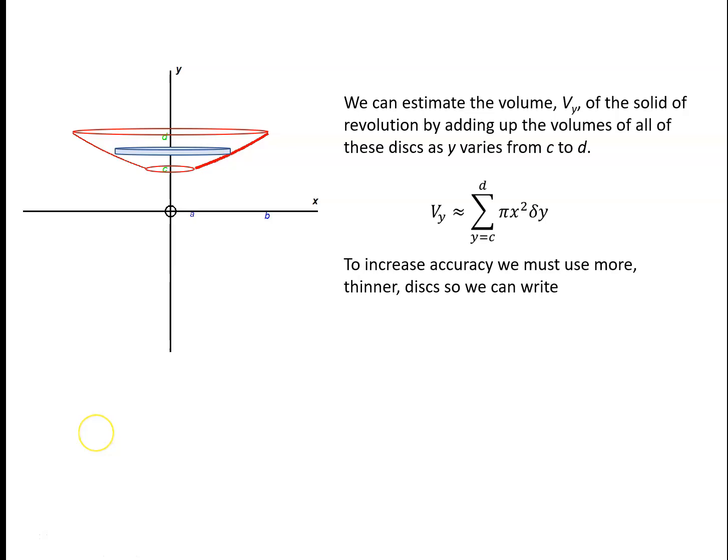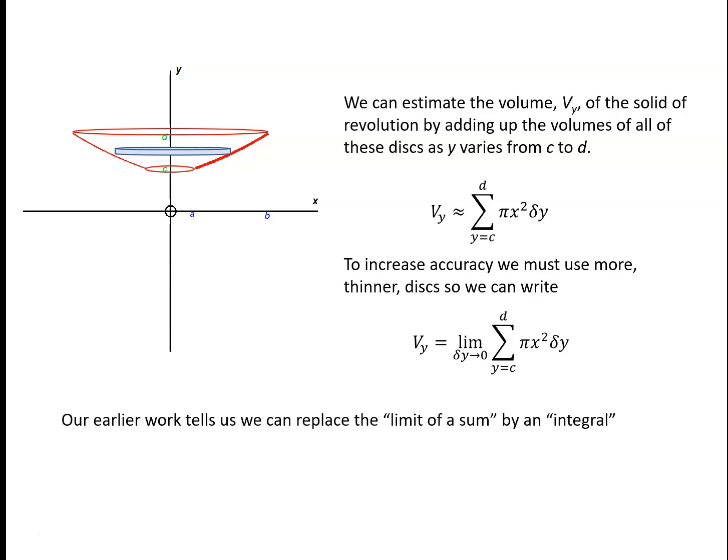To improve the accuracy of this estimate, we must use many more, much thinner disks. And to replace the approximately by an equal sign, what we really need to do is take the limit as delta y tends to 0. So we can say that Vy is the limit as delta y tends to 0 of the sum between y equals c and d of pi x squared delta y.